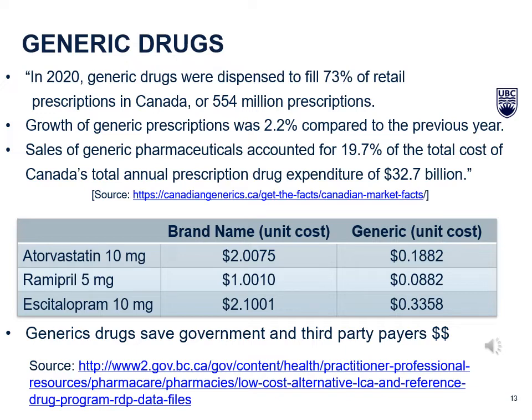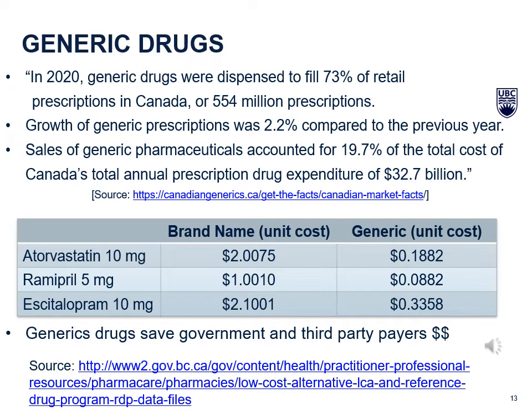Let's compare the costs of brand name drugs and their generic equivalents. The first example is atorvastatin 10 milligrams. Brand name Lipitor costs $2 per tablet. Generic atorvastatin costs about 19 cents per tablet. The next example is ramipril 5 milligram. Brand name Altace costs $1 per capsule.